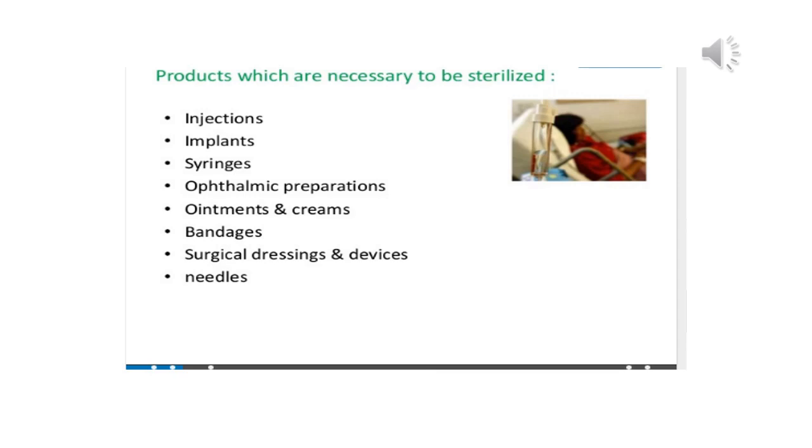For example, sterility testing needs to be done on products such as injections, implants, syringes, ophthalmic preparations, ointments and creams, basically ointments which are to be put inside your eyes. Next are bandages which we apply on open wounds, surgical dressings and devices, and the needles that are used for your syringes.